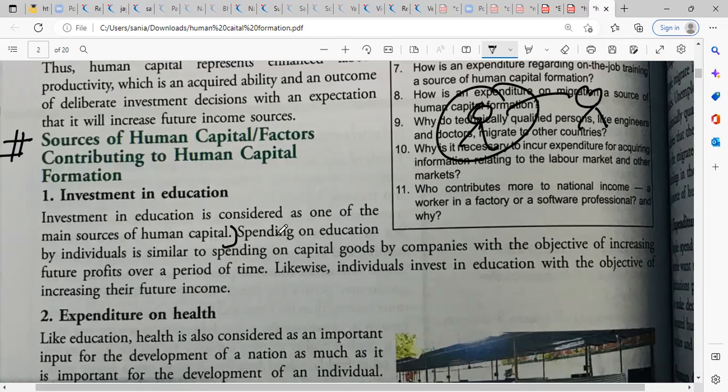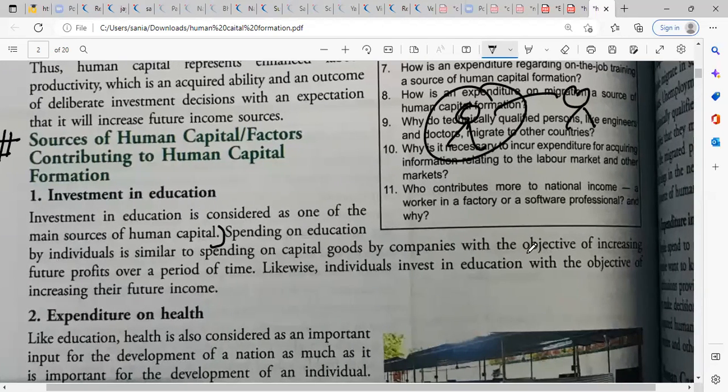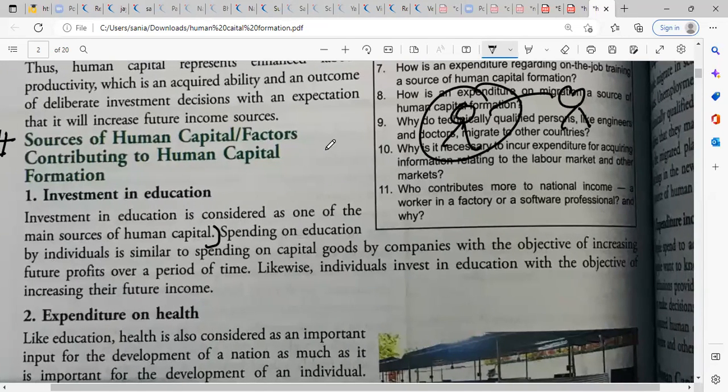See, spending on education by an individual is similar to spending on goods by companies with the objective of increasing future profit. Why did I establish the factory, why did I buy the printing machine? Because in future that printing machine and the factories will give me money. Right? Similarly, why do we invest in education? Individuals invest in education with the objective of increasing their future income.